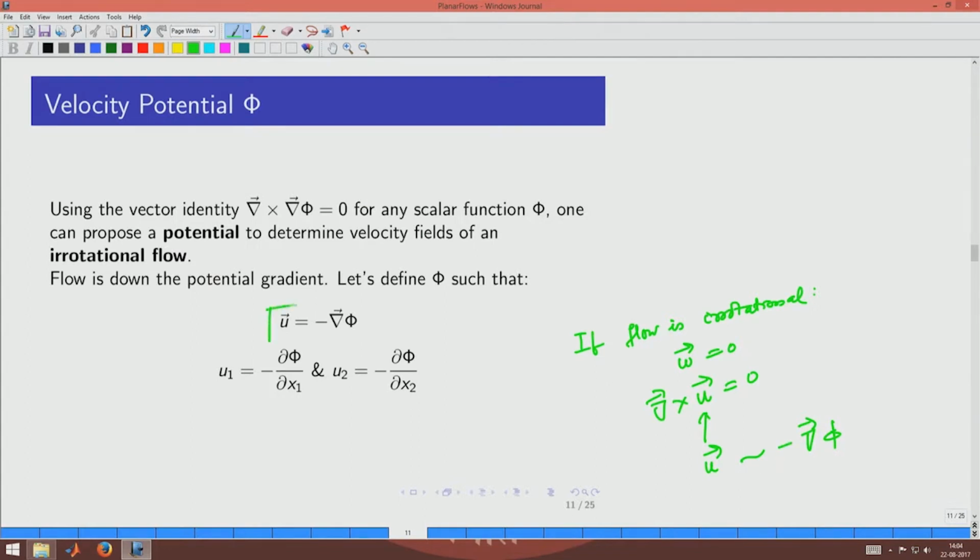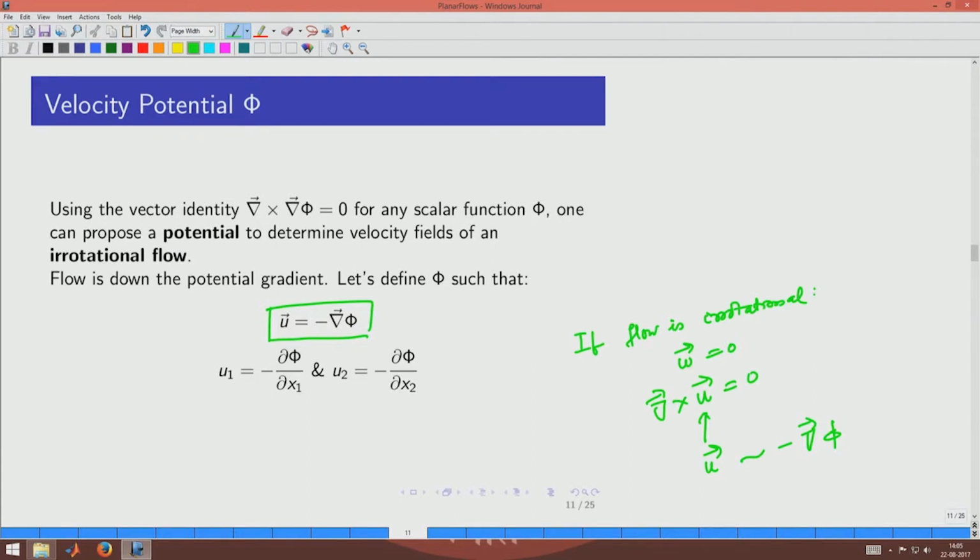That is because generally it is felt that potential is one where its gradient should lead to the flow. So, down the potential gradient is the flow taking place. It is true for many other phenomena as well. For example, down the temperature gradient is where the heat is flowing, and so on. So, in that similar way, if you want to define, then we will put that minus sign there.